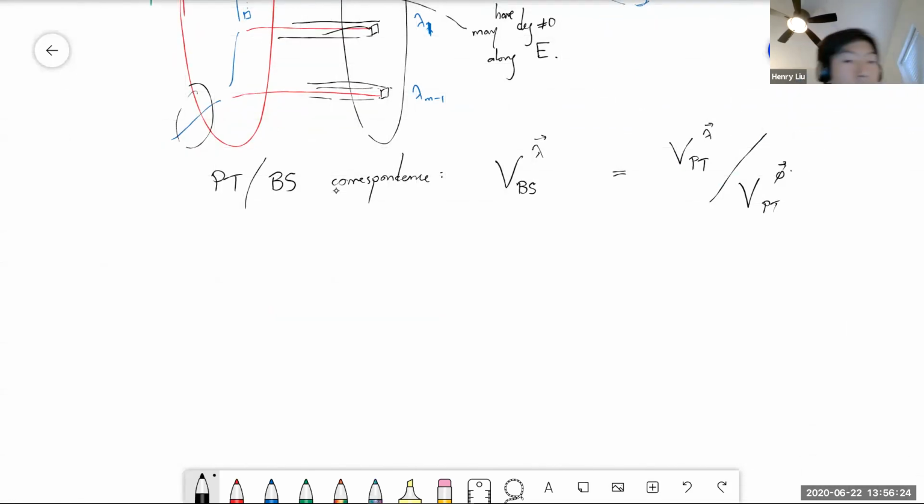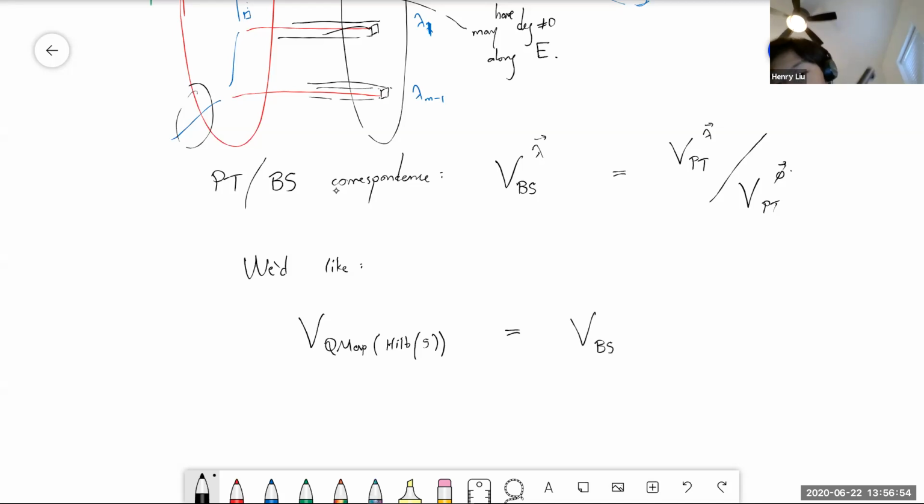Okay, so what would we like to say? We'd like to show that the quasi map vertex, the quasi maps to Hilb of my ADE surface S, is actually equal to this BS vertex.